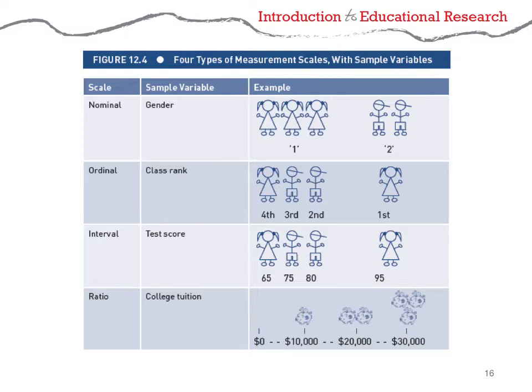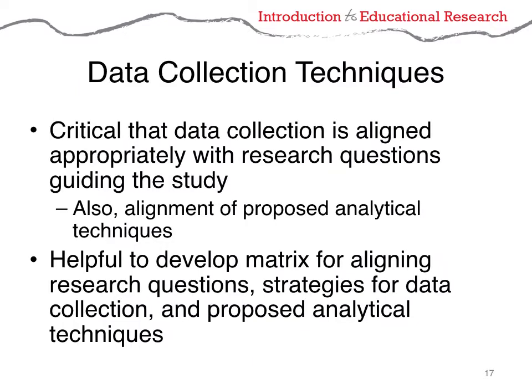But where we get to ratio, this is where college tuition's the example, and there's a true zero in ratio scale, in ratio data. They use the idea of college tuition, meaning that it could be as little as 0 and it could go up, and it has similar characteristics to interval scale, the big difference being that it has a true zero. Okay, so there's a little review.